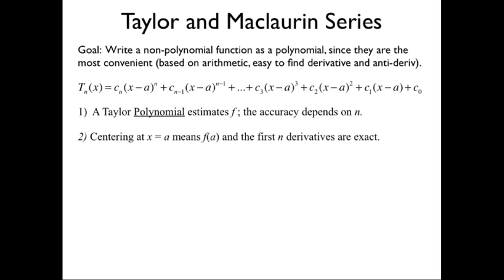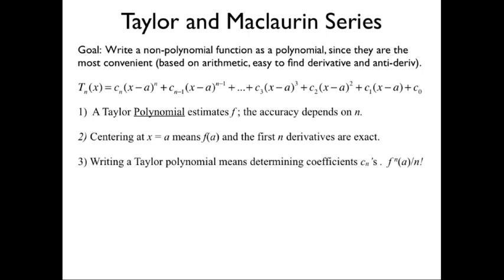And then as you get away from a, it's not as good an approximation. So your best approximations are around a, and at a it gets things correct. And then close to a, it gives really good approximations of the function f. All right? So what does it mean to write a Taylor polynomial? It's all about getting those coefficients.